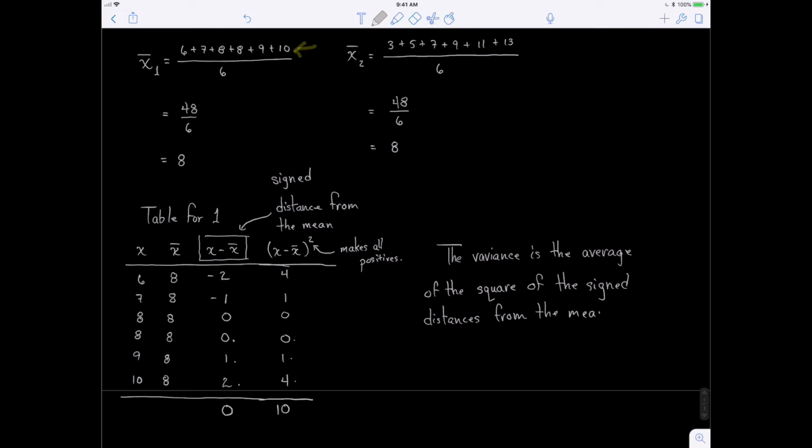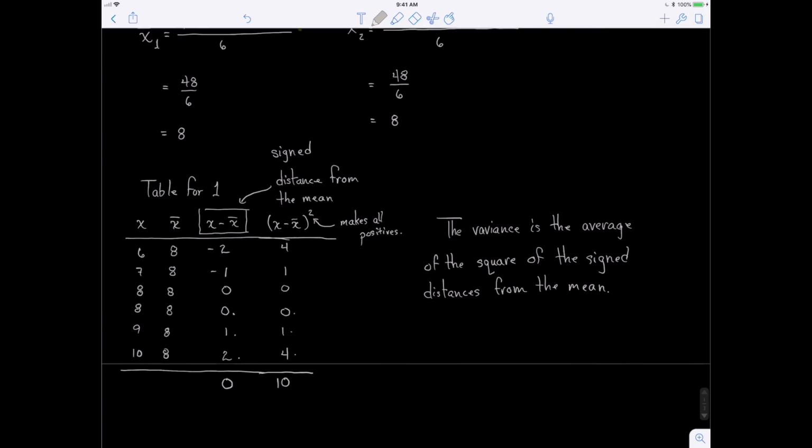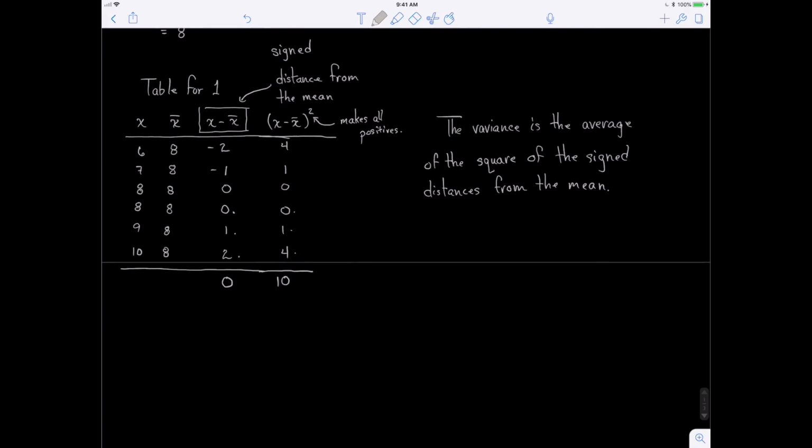Well, if it's an average, then what we would do is divide by the number of data, and that's exactly what we do. So we're going to say our variance is going to equal the 10 divided by the number of data.